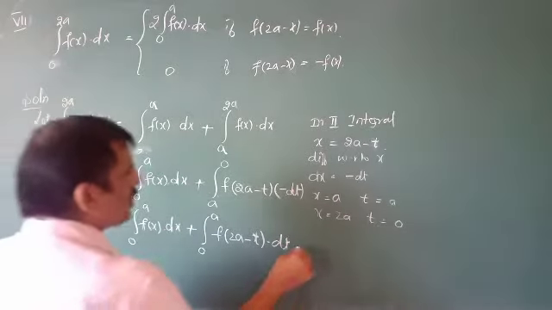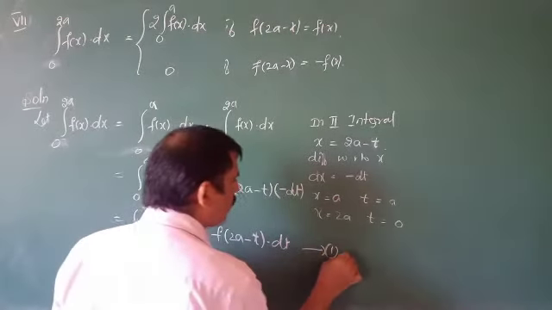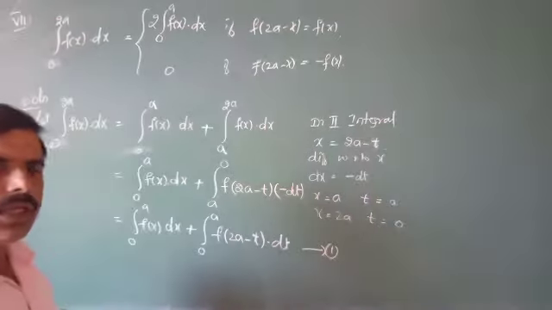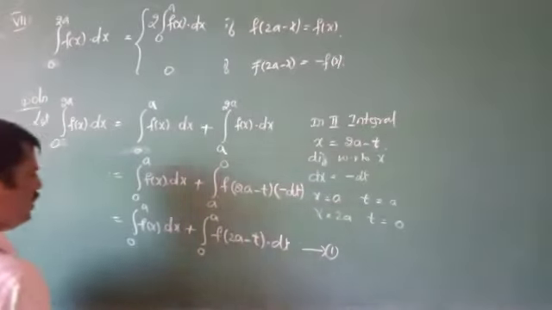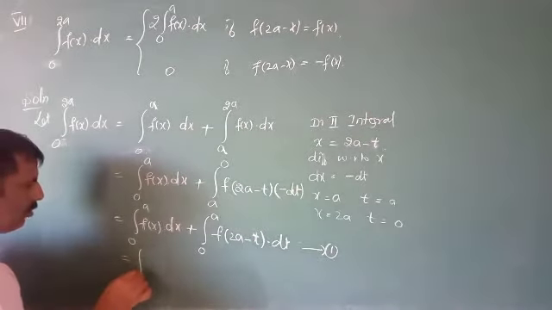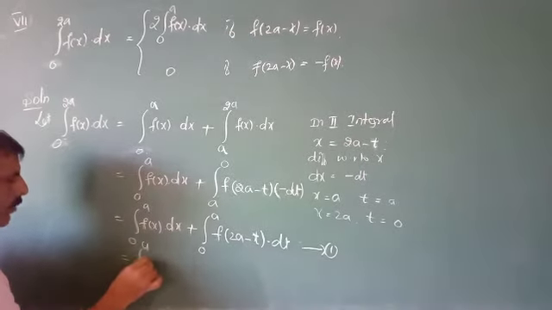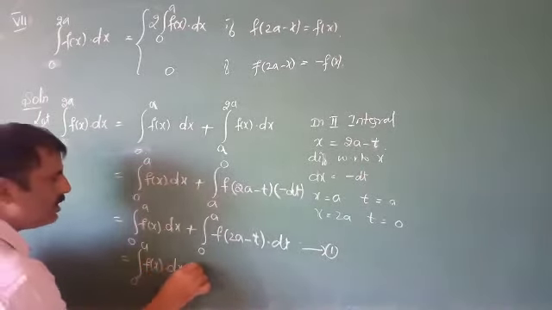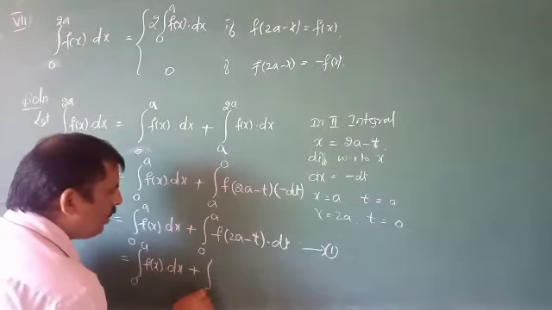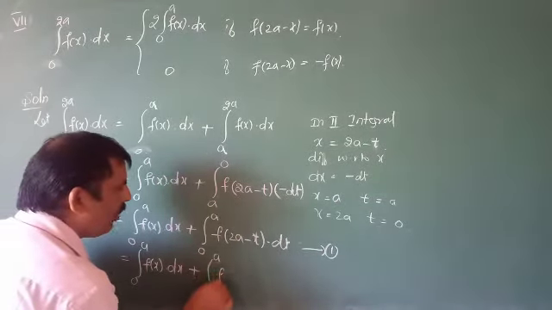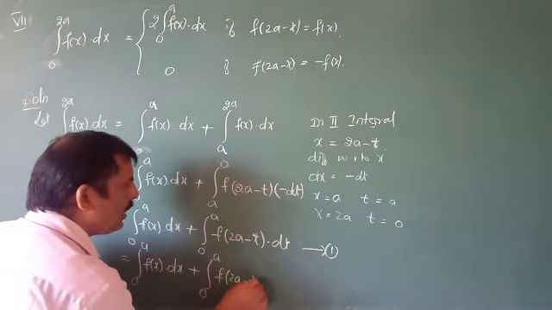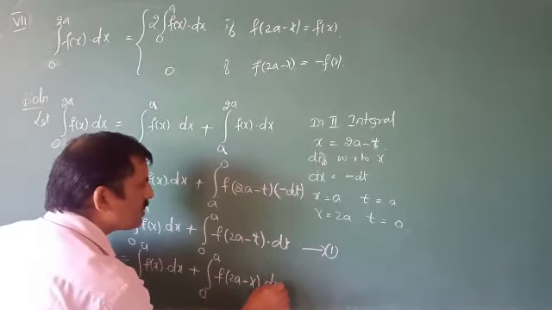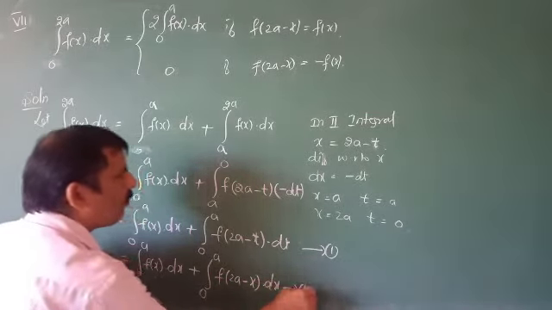Let us call that equation 1. Since the value of the integral does not change when the variable is replaced by another variable t or theta, the integral of 0 to a of f of 2a minus x dx is equation 1.